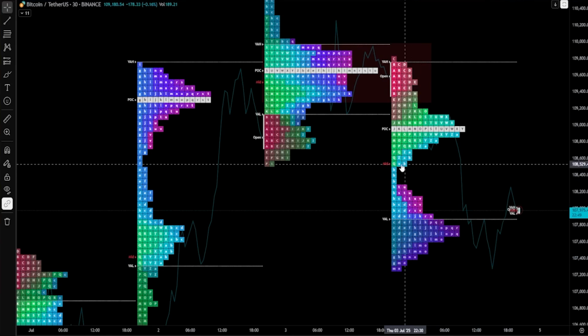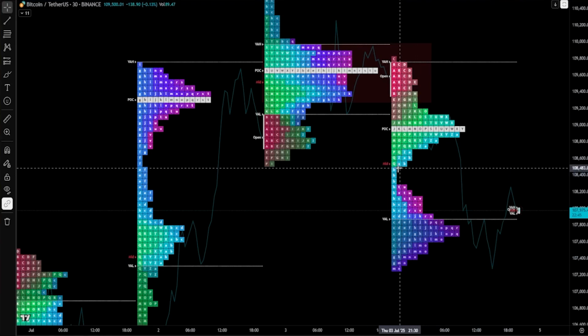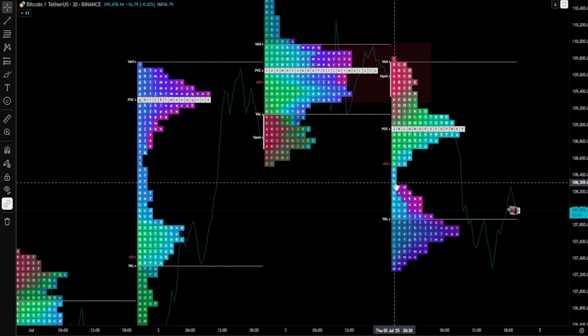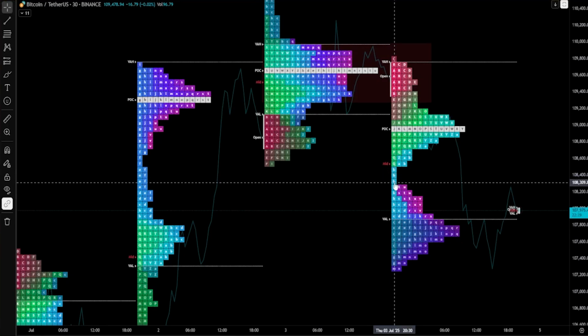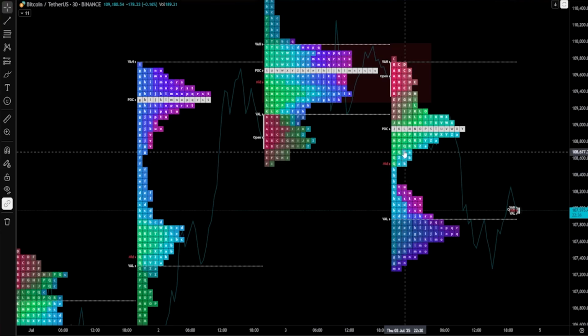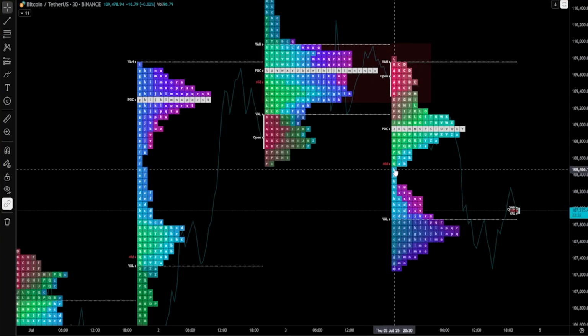Okay, you notice that there's an area right here where there is only one row of TPOs. So single TPOs in between areas that are wider in the profile. That's what we call a single print.